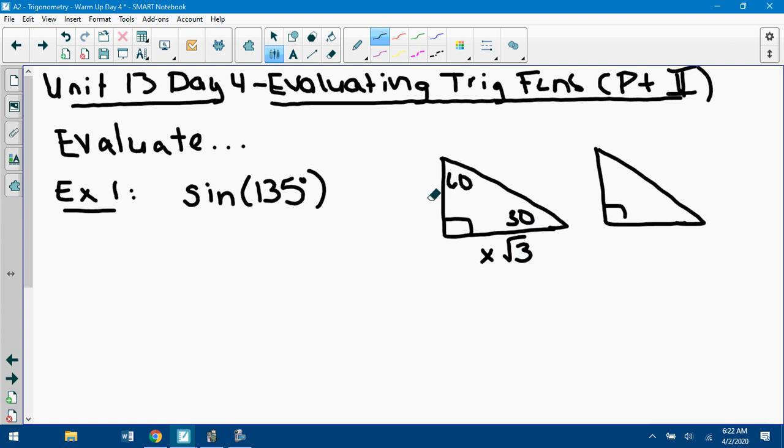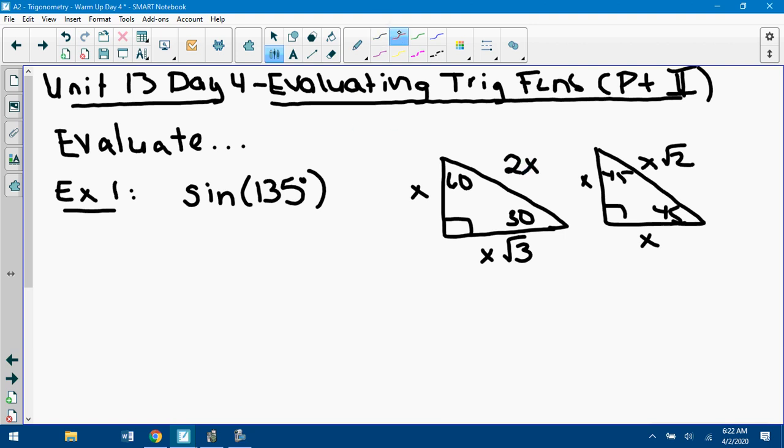Next to 60 is x, and the hypotenuse is 2x. With a 45, 45, 90 triangle, the two legs are both x, and the hypotenuse is x radical 2.